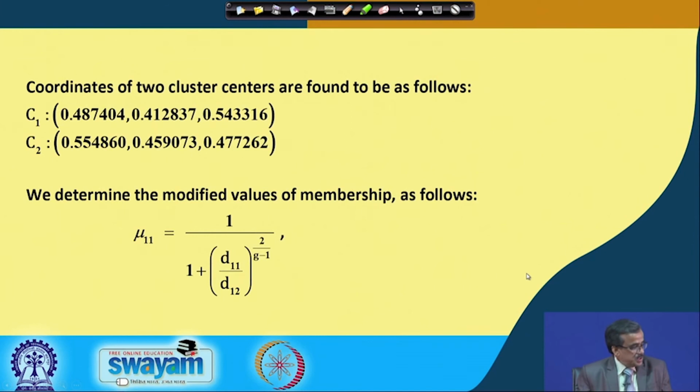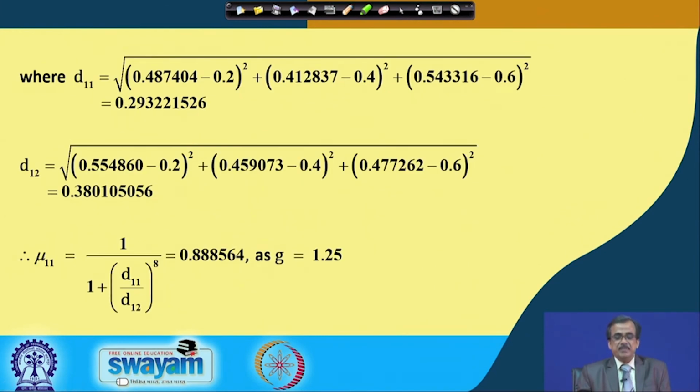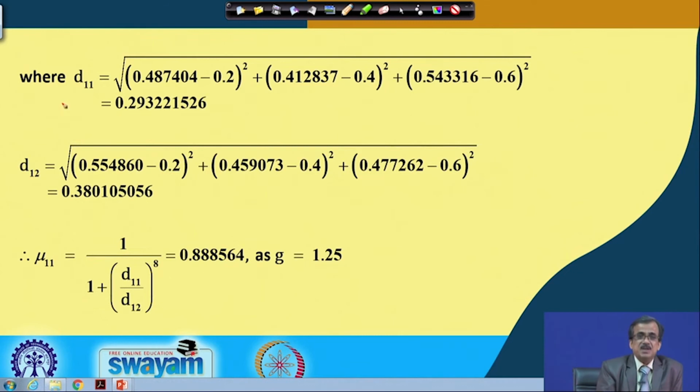To determine this, mathematically we can calculate. This d11, as I told, is the Euclidean distance between the first data point and the first cluster center, and these are the dimensions of the first cluster center, and corresponding to the first data point, this is my x, y and z coordinate, and using this I can find out the Euclidean distance d11, and this will become equal to this.